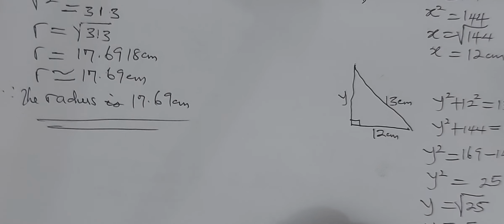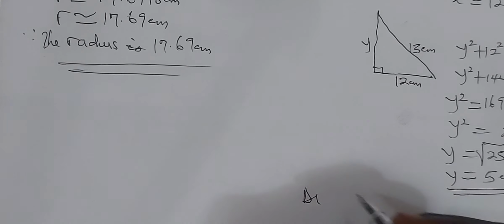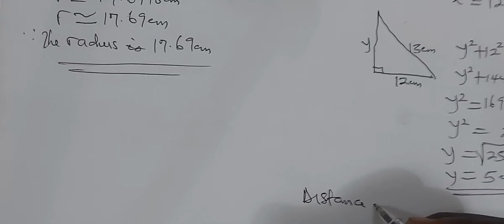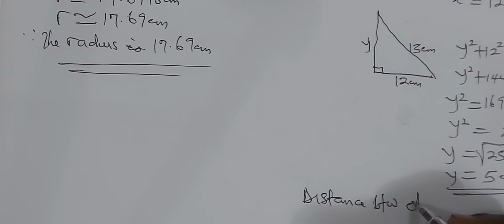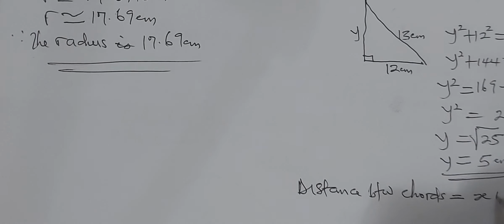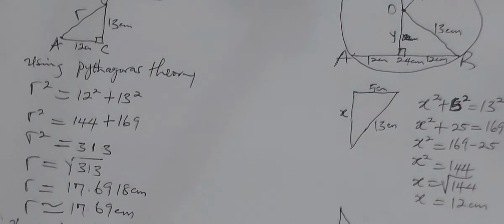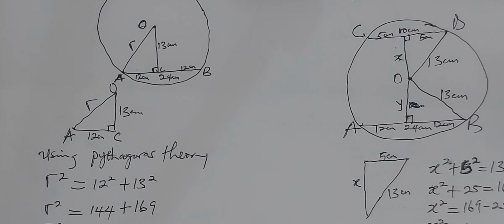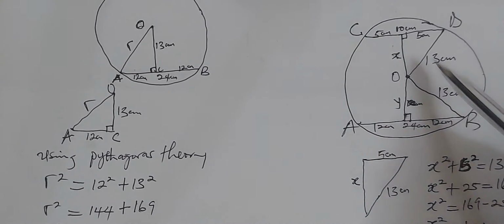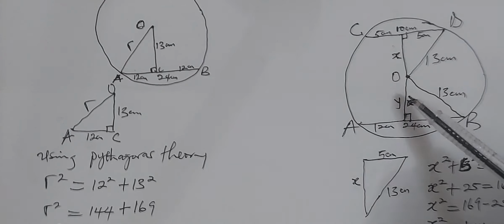But what we said is the distance between the chords equals x plus y. You can see it here. The distance between the chord AB and CD is x plus y.